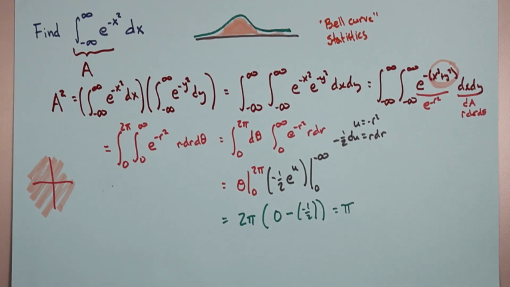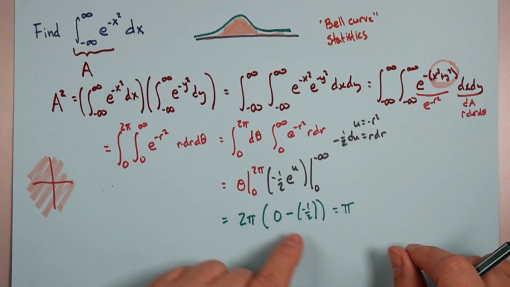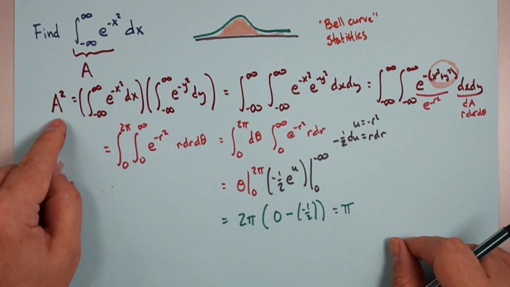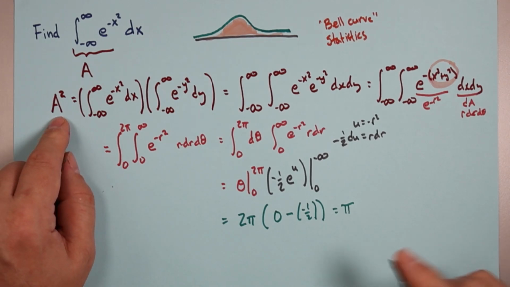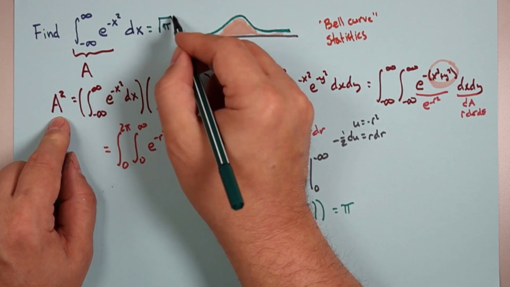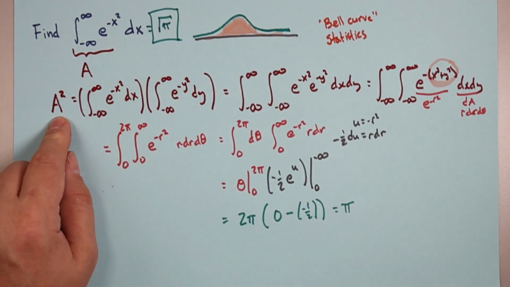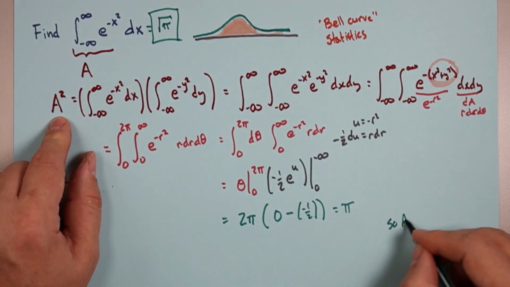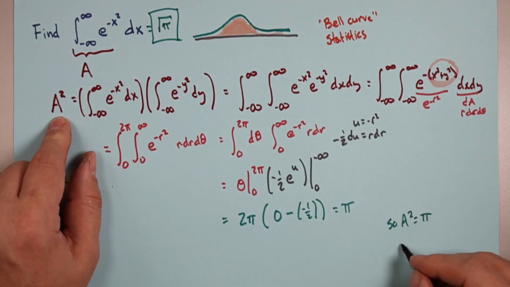So our answer is pi. No, because follow it back. Our answer squared is pi, so we end up with a square root of pi. So A squared equals pi, meaning A equals square root of pi.